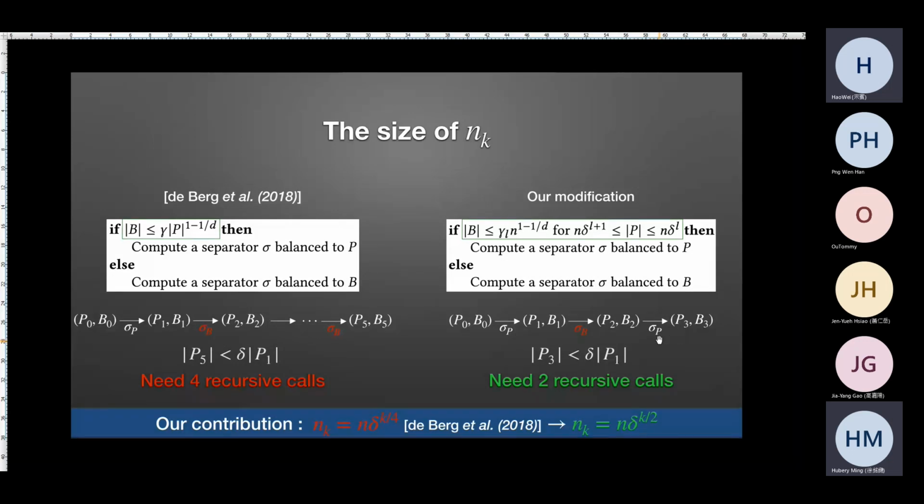That is, we have to make a separator balanced to P. That means we just need two recursive calls to reduce the size of the problem by a ratio of delta. However, in the previous work from de Berg, they need 4 recursive calls to reduce the size of subproblems. So our contribution could be obtained by these illustrations.